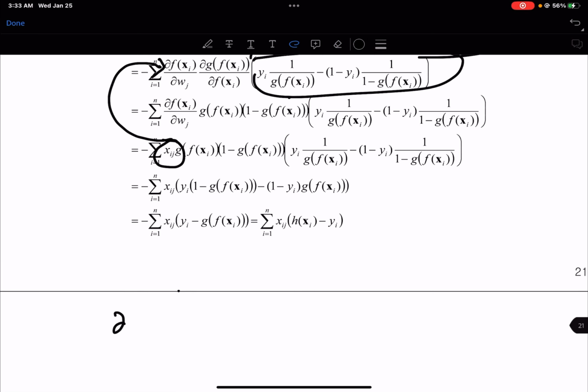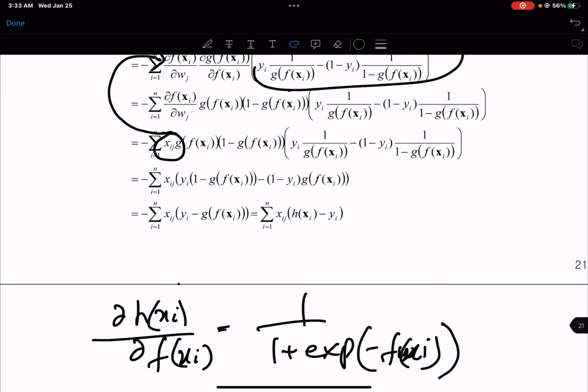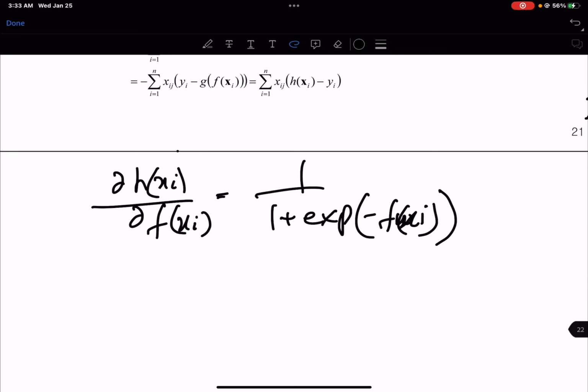First we found in the previous example h of xi, 1 plus exponent of minus f of xi, and the derivative we found was h of xi times 1 minus h of xi.